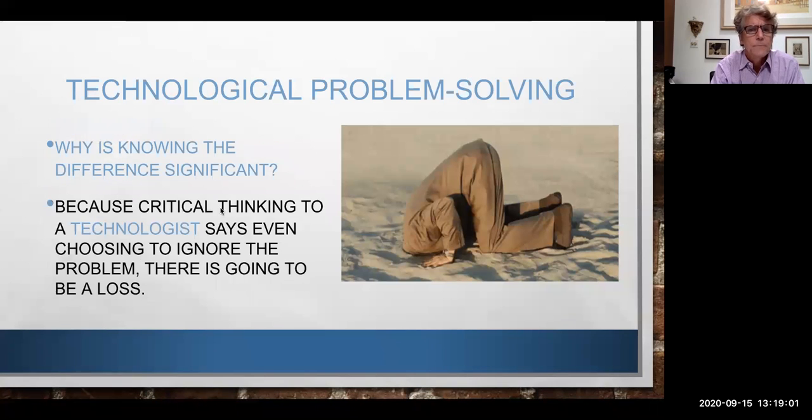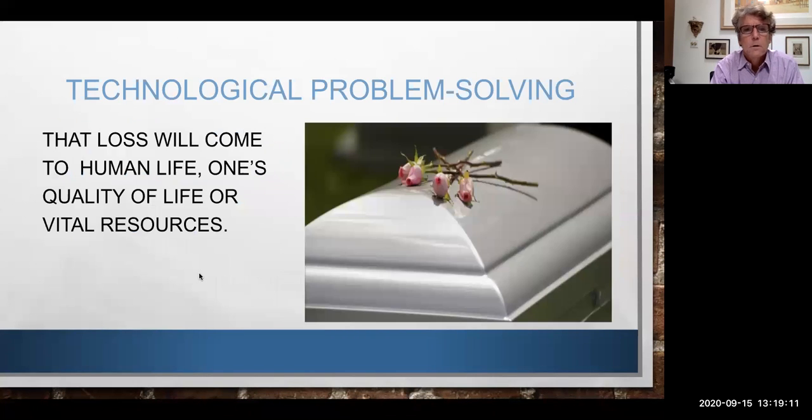But let's see here. Critical thinking to a technologist says that even choosing to ignore the problem, there is going to be a loss. That loss will come to human life, one's quality of life, or vital resources. So deciding not to solve a problem has consequences too. I don't want to be political, but let's say our current administration's posture is pretty much denying that climate change exists.